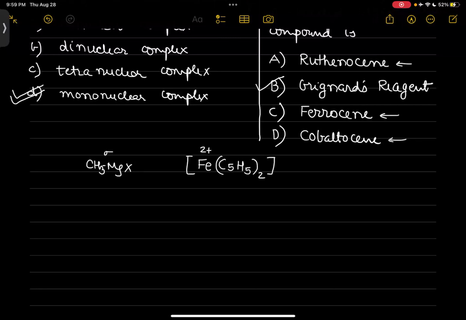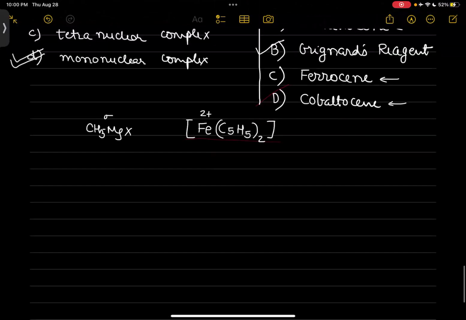So I'm not putting any charge on the bracket. So you have this. This is the cyclic ring, cyclopentadiene. Clear? And when you remove the hydrogen, you have a minus charge. Got it? So this is the C5H5 minus.